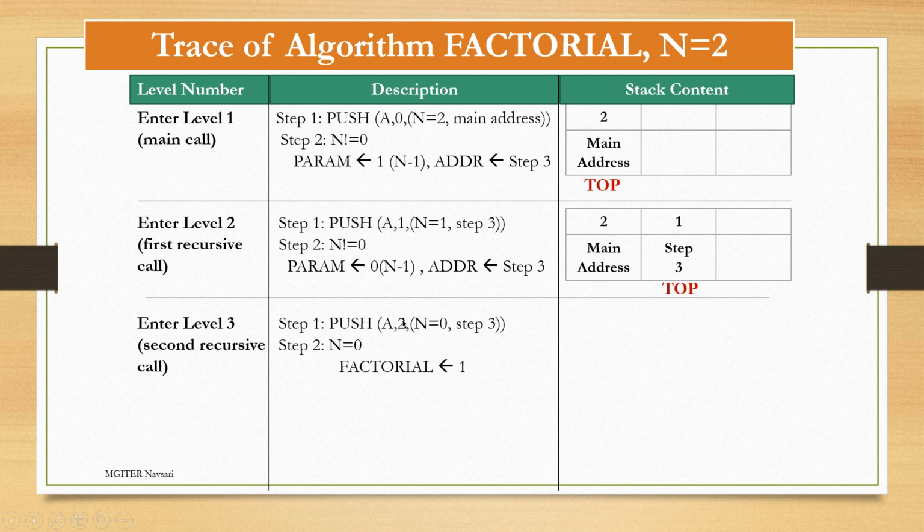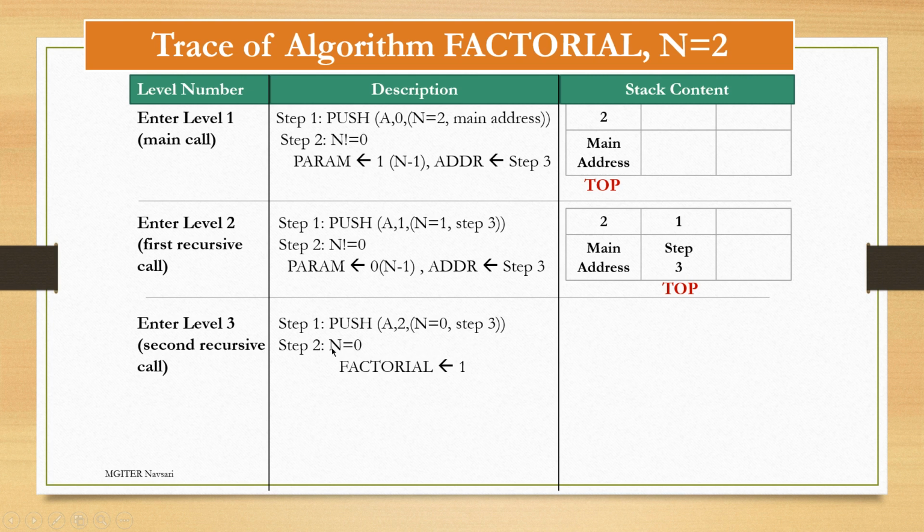So 2 is over here, that is the value of top. And next is the temporary record, which has two parameters, that is parameter and address. So n is equal to 0, because we are calculating it over here, and the returning address is step 3.